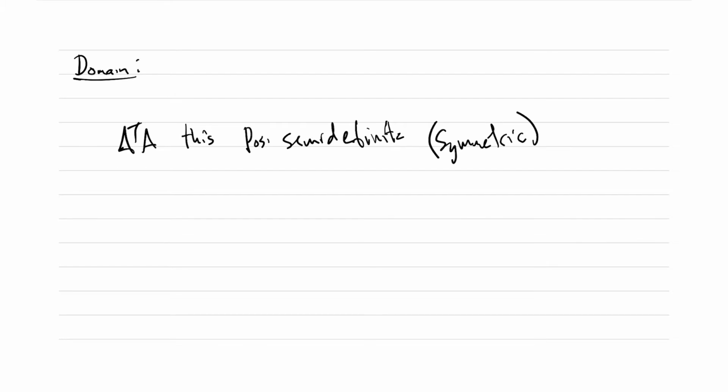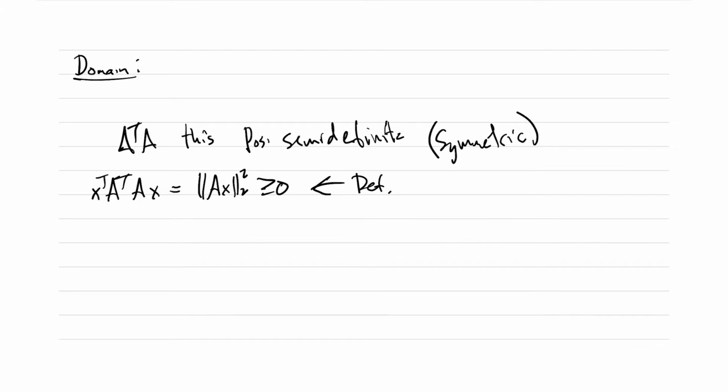How do we know that this is positive semi-definite? Well, we already basically showed this. If we take x transpose times A transpose AX, this is equal to the norm of AX squared, which is always greater than or equal to 0. And this is the definition of positive semi-definiteness. So that works just fine.